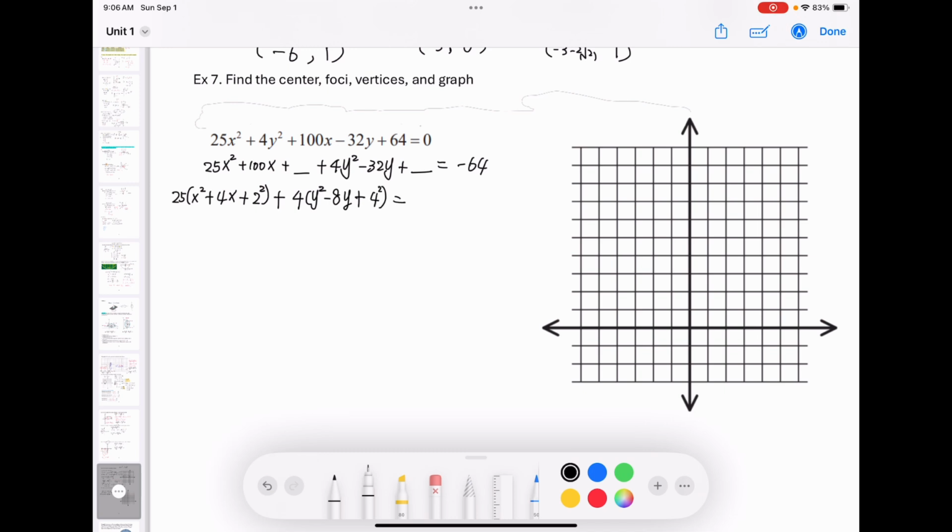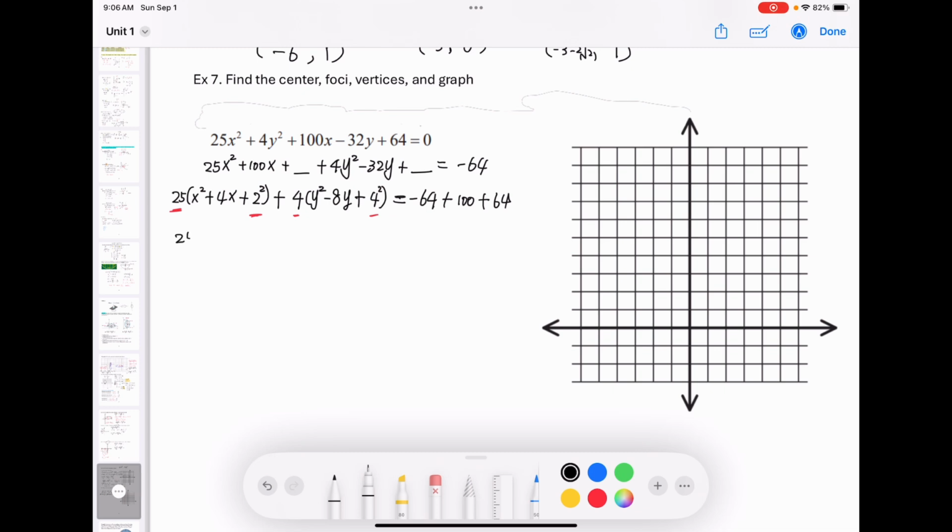And on the other side is -64 plus something. So plus the multiplication between 25 and 2 squared, which is 100. And then plus the multiplication between 4 and 4 squared, which is 64. Okay, we made two perfect squares.